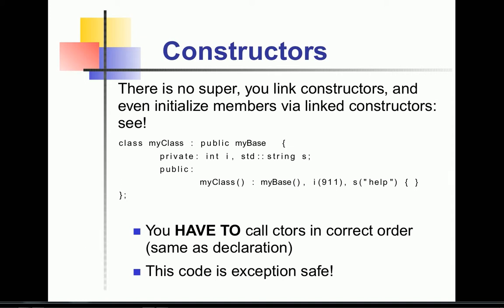It has some members I and S, and the myClass constructor can be defined as : myBase, I(i911), S(help). And again, the constructor body is empty other than initializing the members. So this syntax allows you to initialize the members and call the constructor of the base parent class.